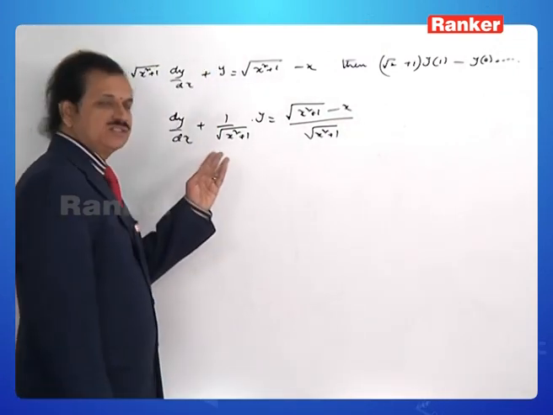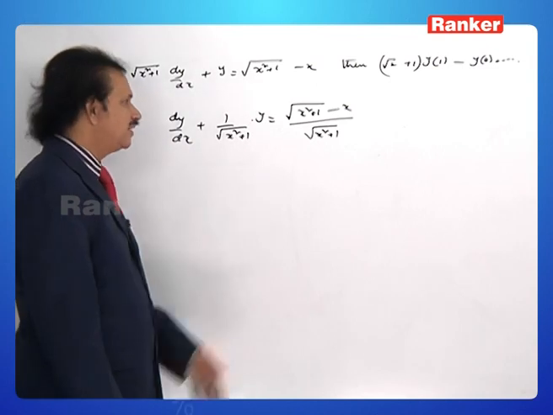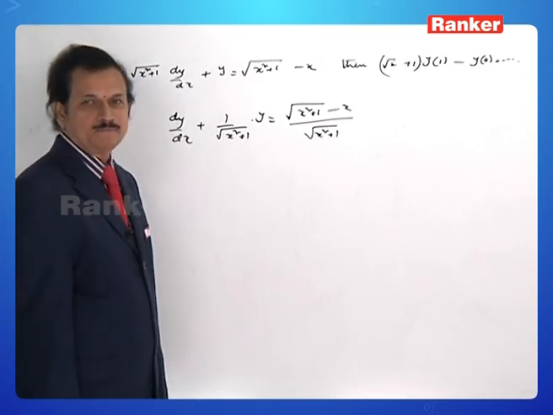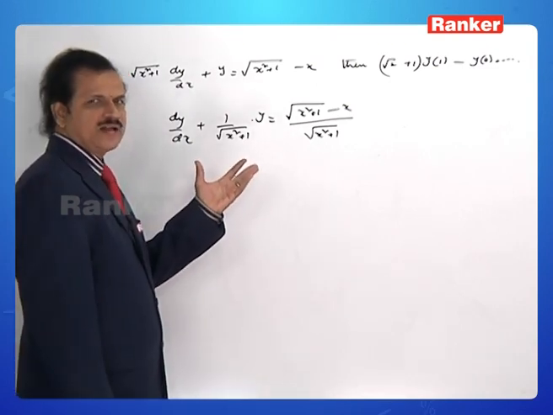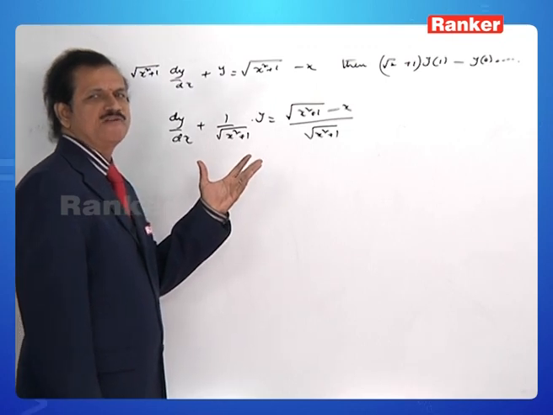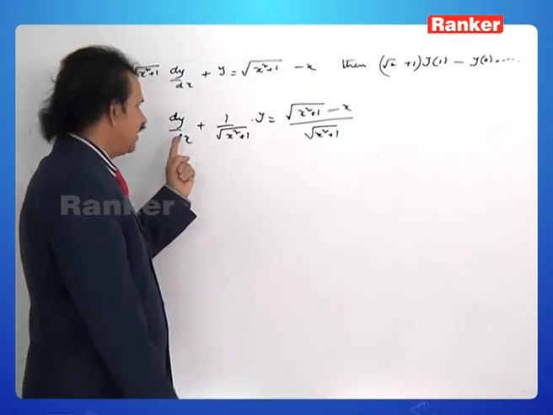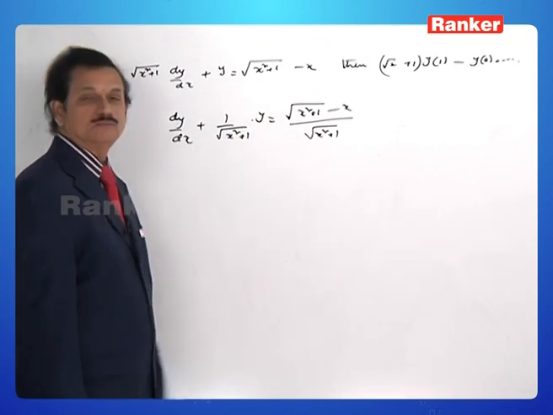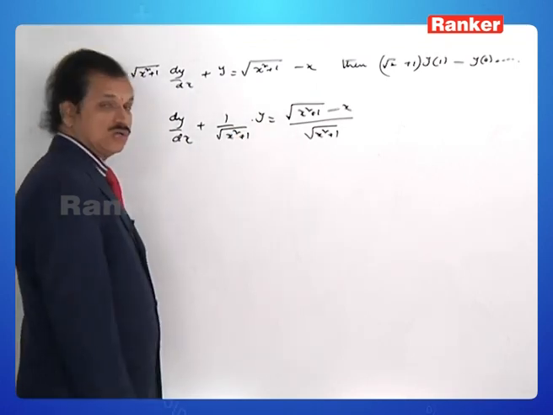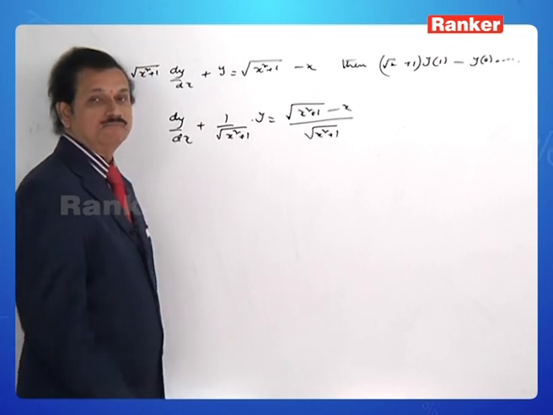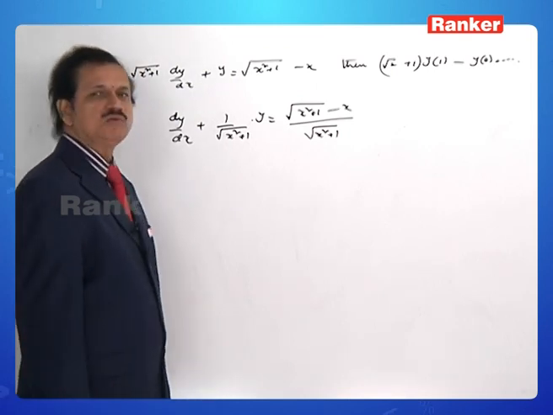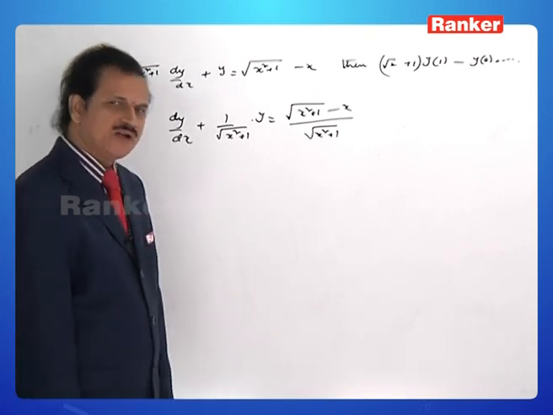You can easily say that this is surely linear in y. Beautiful. That has been brought into the standard form directly, dy/dx plus Py is equal to Q. Of course, this may look bulkier, but the solution is very simple. You can enjoy it like anything.